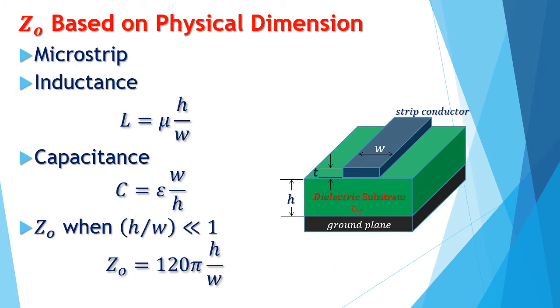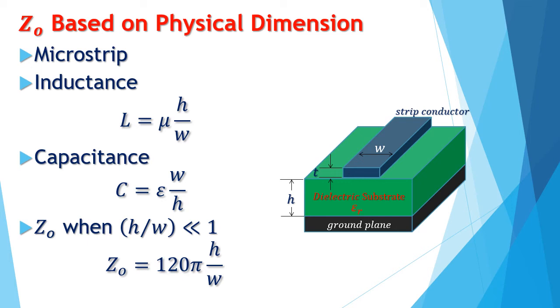Next, we can solve for the inductance and capacitance of a microstrip. First, the inductance L is equal to mu, or the permeability, times the height of the dielectric substrate divided by the width of the strip conductor.